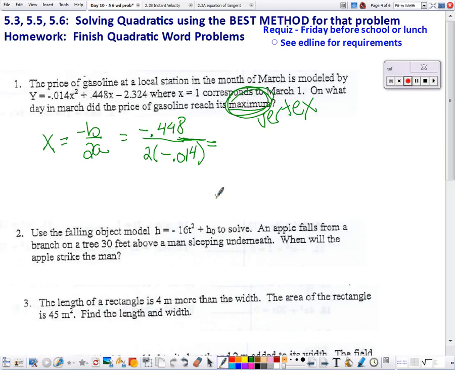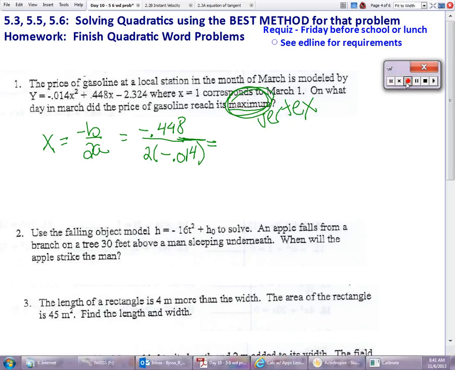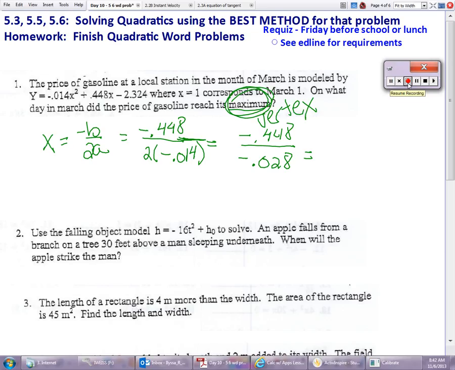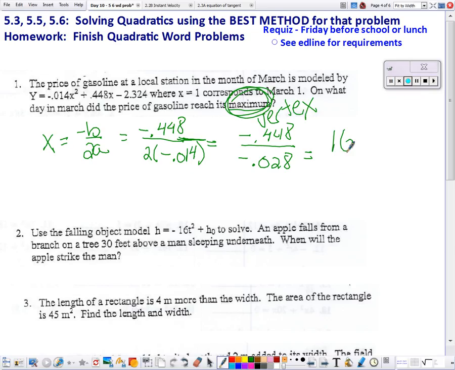So if you brought a calculator with you today, you may use that. Okay, so this is negative 0.448 divided by negative 0.028, and those divide nicely to get 16. So on what day in March? Well, if 1 is March 1st, then that would be March 16th.